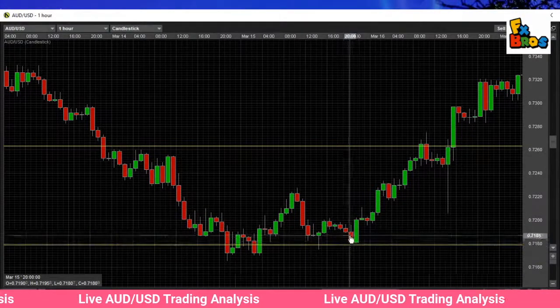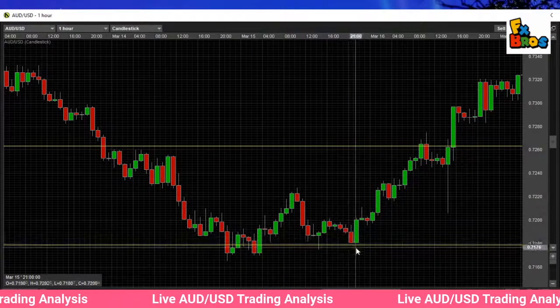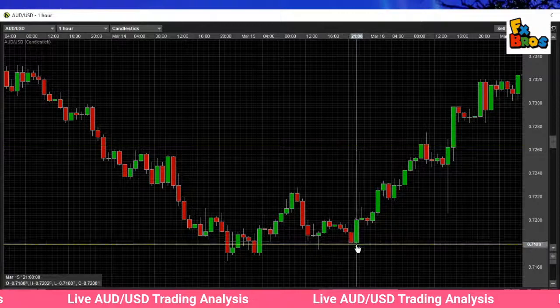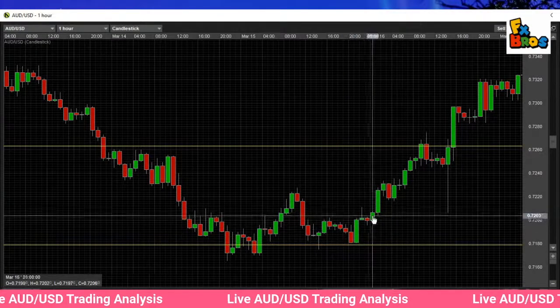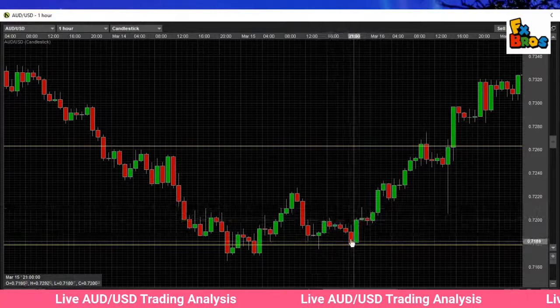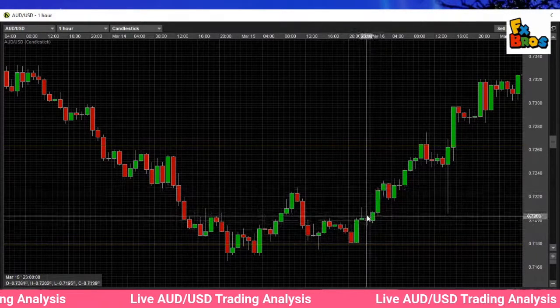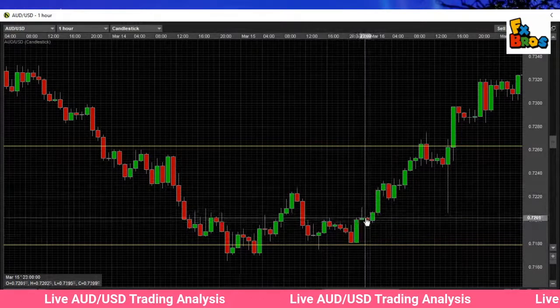You come back down to the zone once more in the evening Asian session, and you get a big push, coming right back up to these highs, hitting the stop losses for all these sellers in this area, and then it takes off. That's a perfect sleeper.